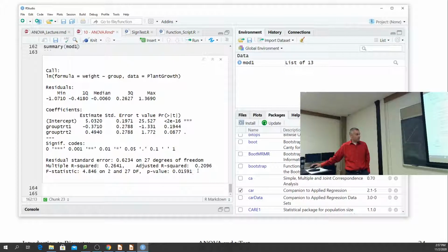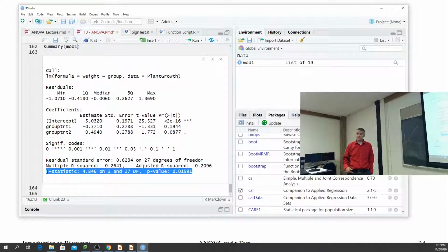But most importantly is this part. The F statistic, 4.846 on 2 and 27 degrees of freedom with a p-value of 0.01591. This F statistic in the summary says, does our model, weight as a function of group, so including group in this model, do better than just looking at a grand mean as an average?